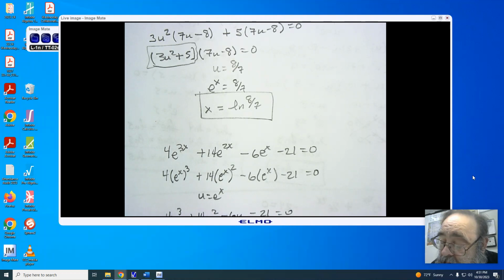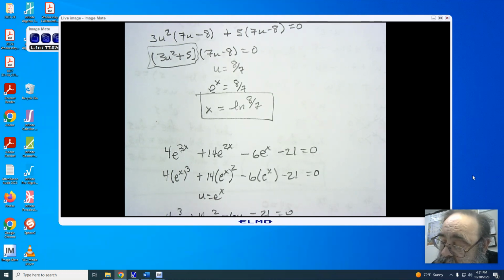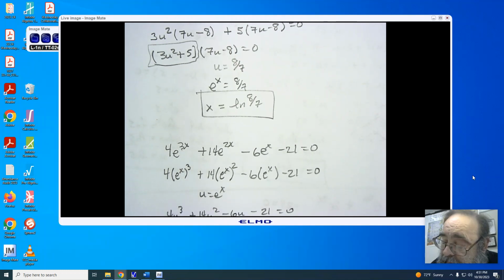Factor out. We're going to take a u² and I'm going to take out a 2. It's going to leave me with a 2u + 7, and I'm now going to take out a −3. This leaves me with a 2u + 7. I end up with (2u² − 3)(2u + 7) = 0.